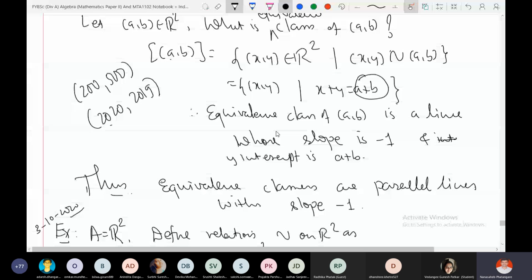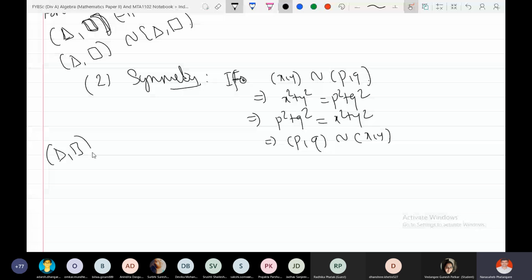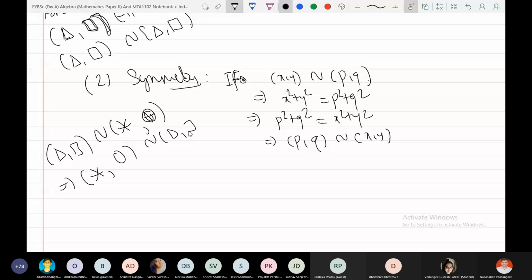I can say that suppose this point is related to this point, whatever this is, then check that this point is related to this point. That is the meaning of this. Symbol doesn't matter. Remember this. If this element is related to this element, then this element is also related to that. So the idea is clear.